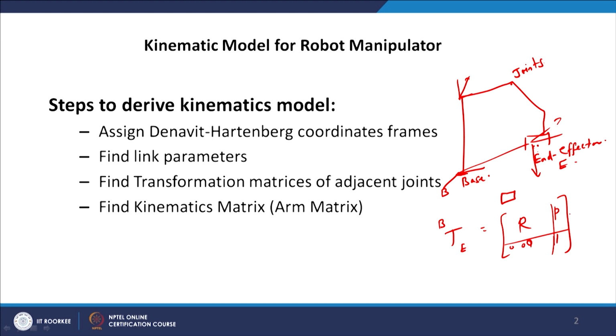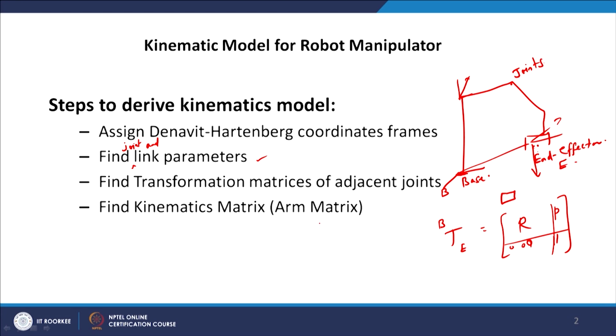The steps to find the kinematics equation for a robot manipulator are as follows. We assign the Denavit-Hartenberg coordinate frames at the joints of the manipulator, and then we define the joint and link parameters of the robot manipulator, and then we find the transformation matrices between two adjacent joints.